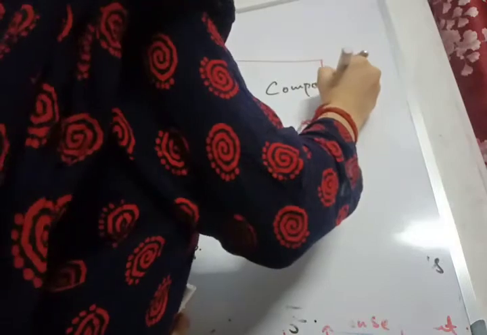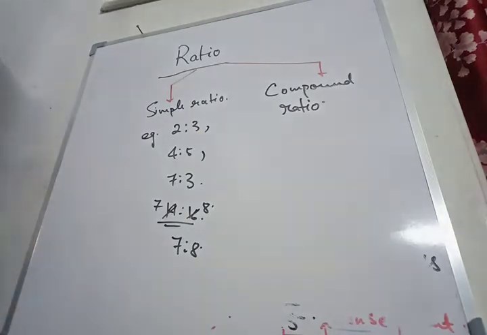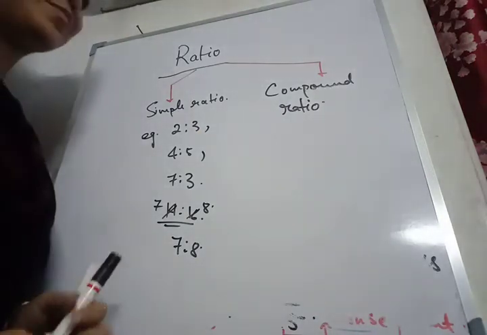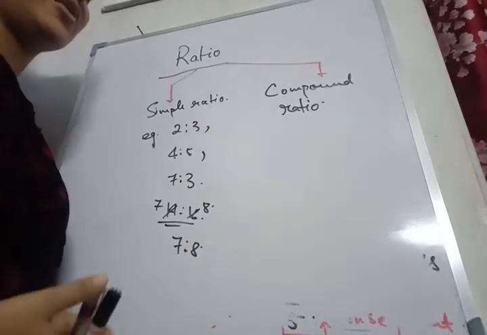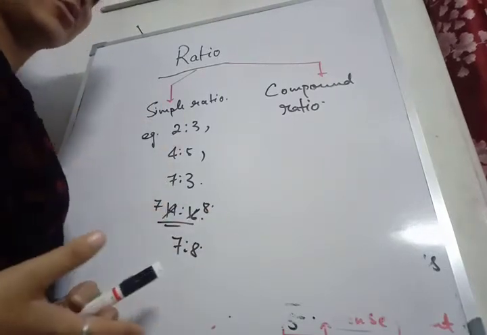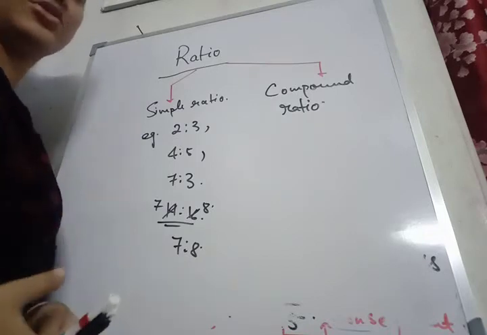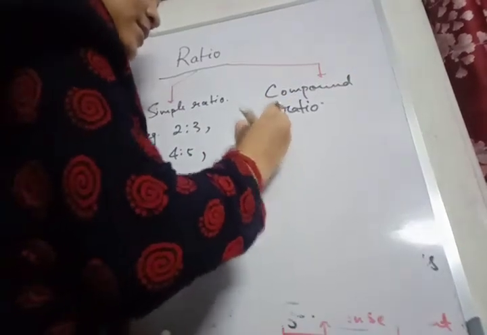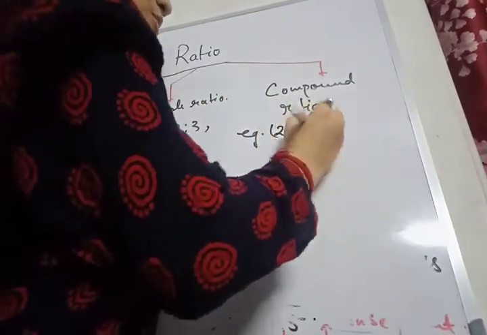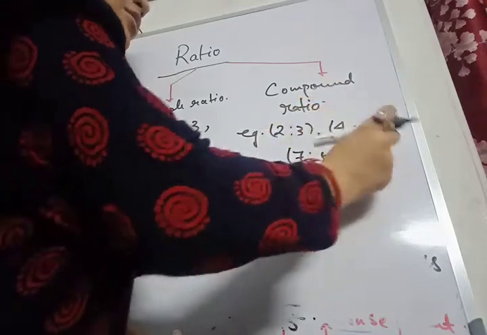And compound ratio is what? It represents a ratio when the antecedent of a given ratio is equal to the product of the antecedents of two or more ratios, and the consequent of that ratio is also equal to the product of the consequents of those ratios, right? That represents the compound ratio. For example, if these are my ratios, 2:3, 4:5, 7:8, these are my 3 simple ratios.